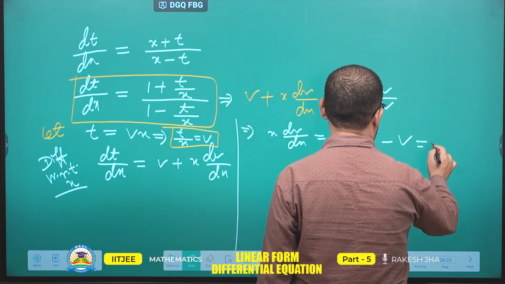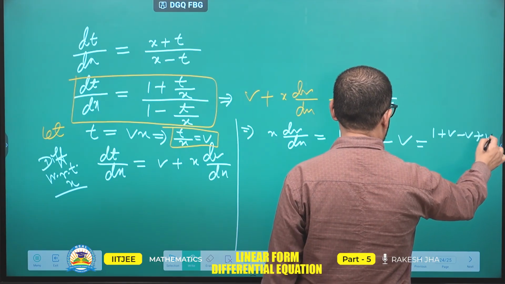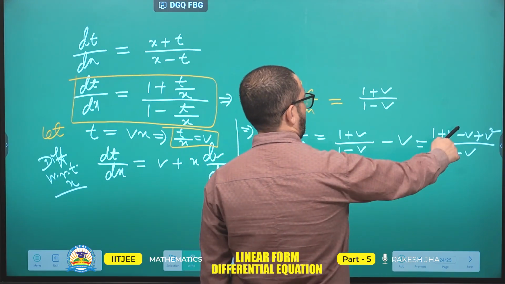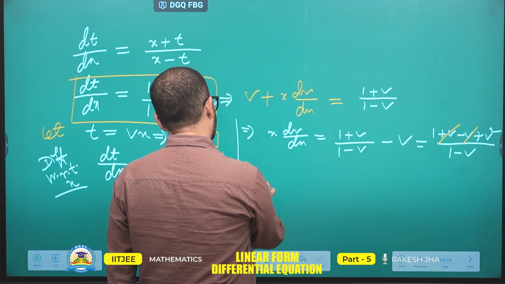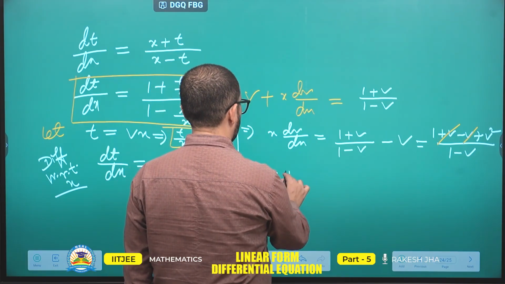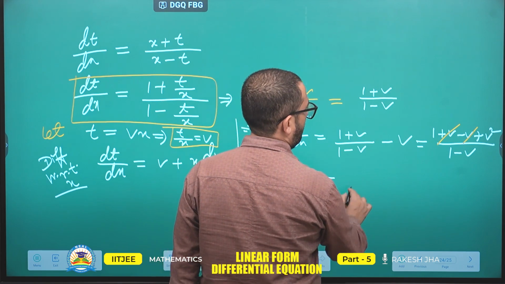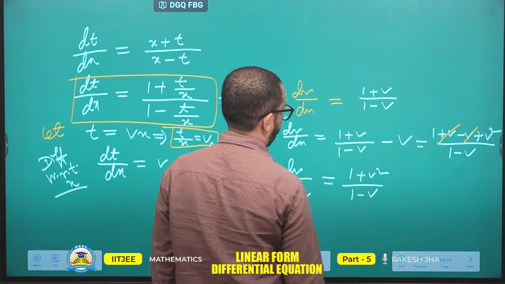So it would be 1 plus v minus v plus v square upon 1 minus v. Here v and v got cancelled. So we can write here x dv by dx is equal to 1 plus v square upon 1 minus v.